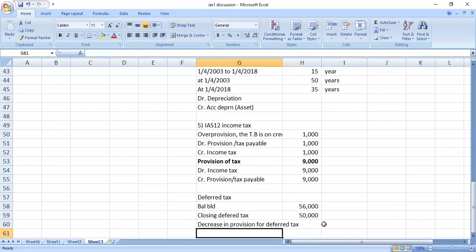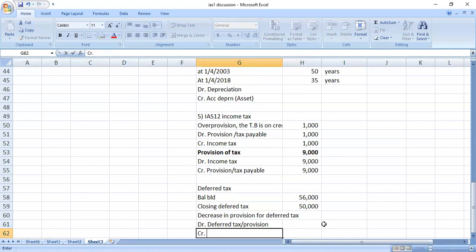So what are the entries for the decrease? Whenever any liability reduces, we recognize an income. So we're supposed to debit first. Supposed to debit deferred tax, or provision for deferred tax, the liability account, and then credit.